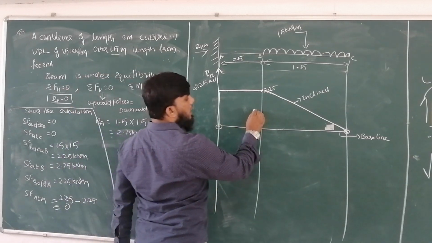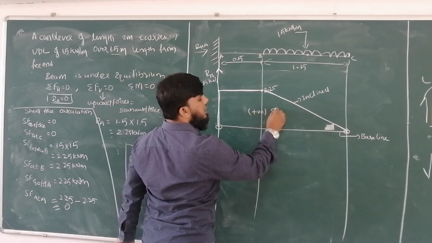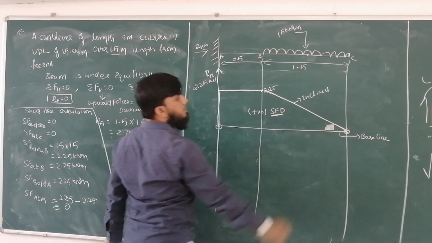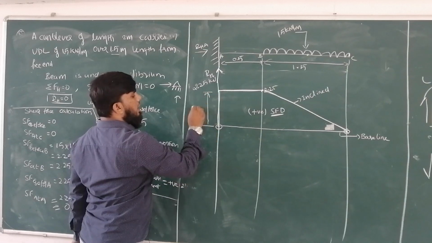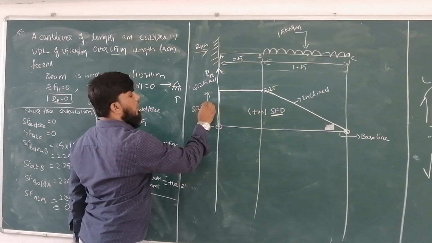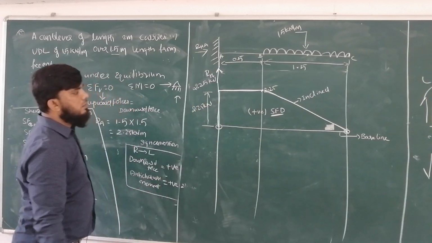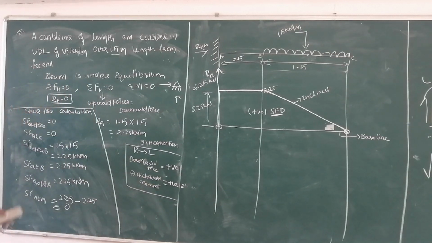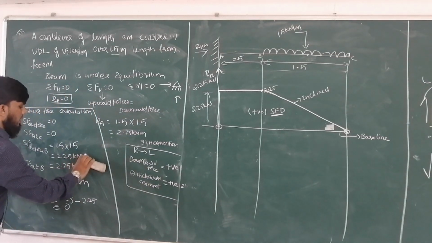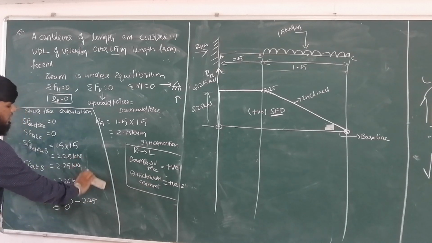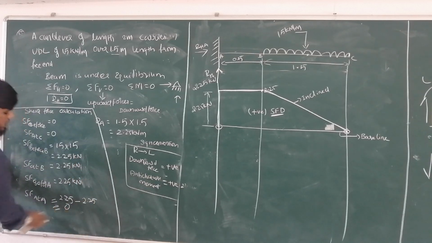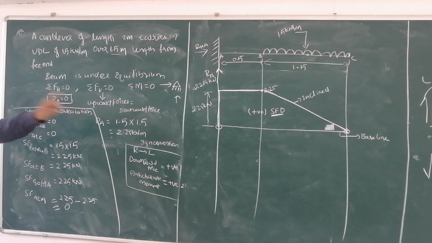Now this is your positive shear force diagram. The value is 2.25 kilonewton. Sorry, here I have drawn Newton meters. Because this is force, the units will always be Newton or kilonewton. So the problem is completely done for shear force.